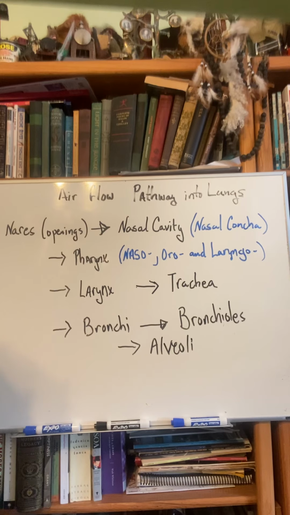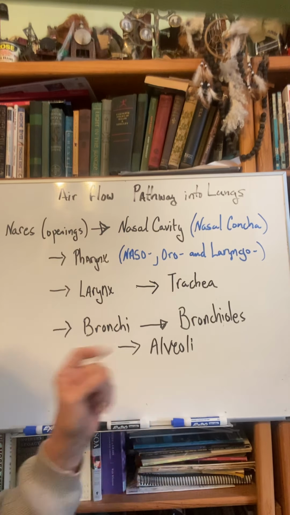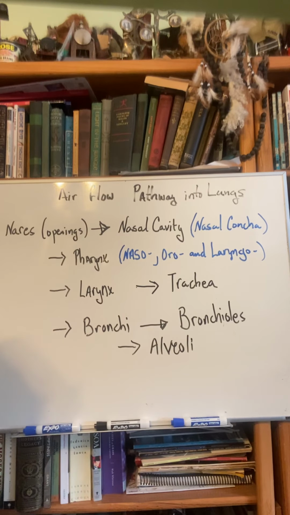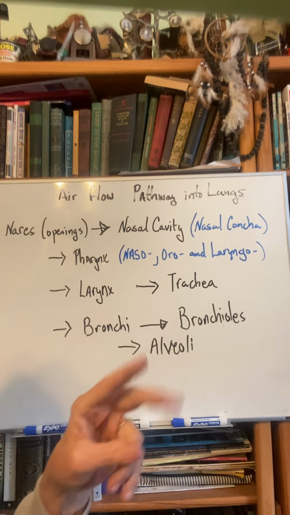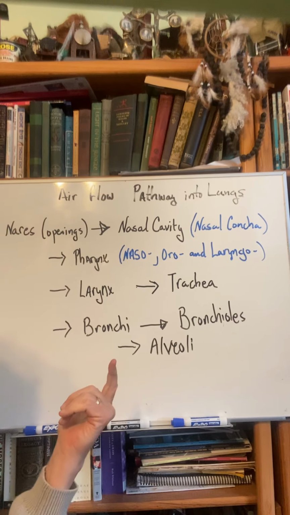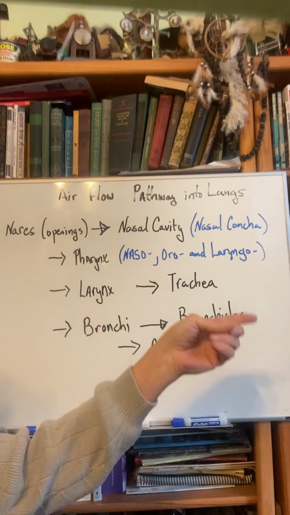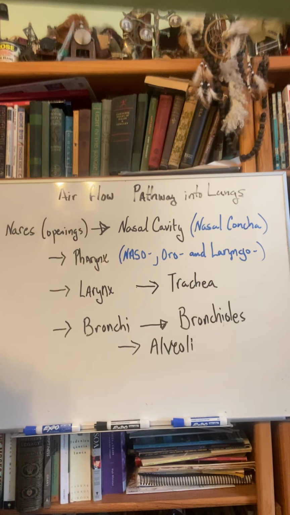And we're going to have primary, secondary, tertiary, and quaternary bronchioles. So the bronchi will become bronchioles, and then those are going to branch from primary bronchioles into secondary bronchioles, into tertiary bronchioles, and then quaternary bronchioles.